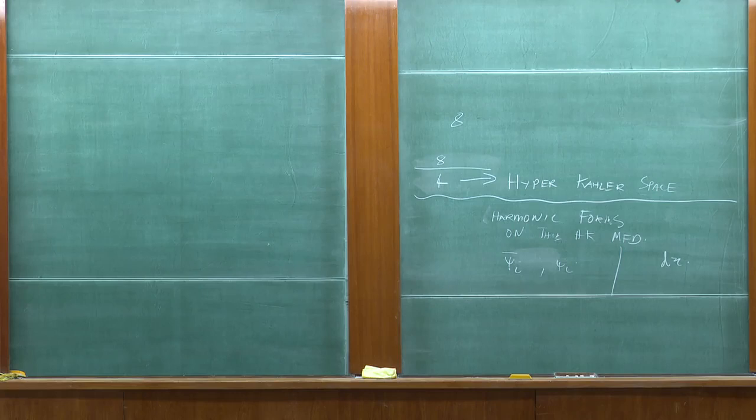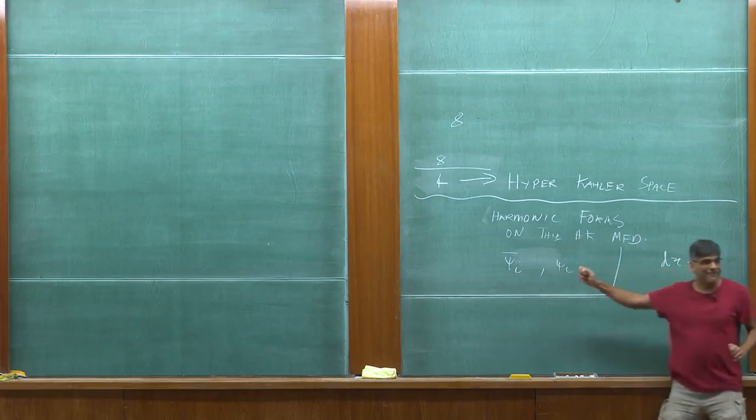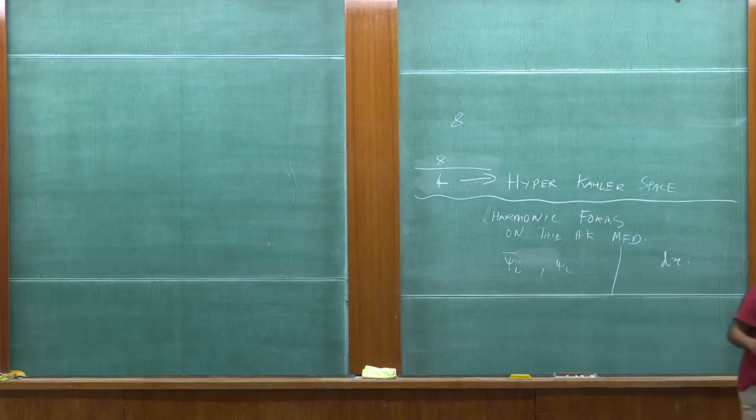So in the theory with 4 supercharges, states are in one-to-one correspondence with holomorphic forms. On the other hand, here in the n equals 4 theory, states are in one-to-one correspondence with all forms.